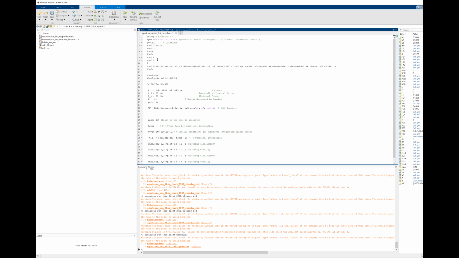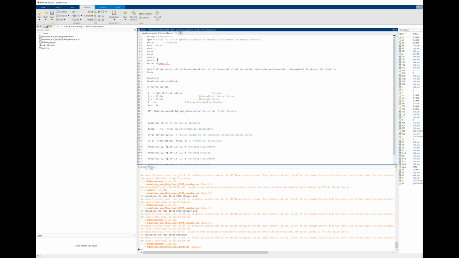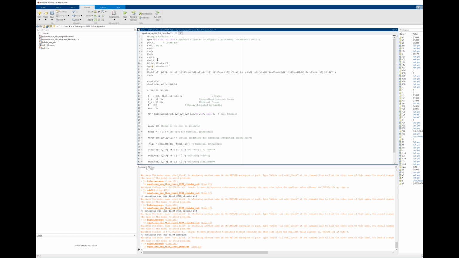I'm going to say Ixx1 is equal to 1 by 12 multiplied by m1 multiplied by a1 square. This is the mass moment of inertia of the first link in x direction. Iyy1 is equal to 1 by 12 times m1 times a1 square, and Izz1 is equal to 0.